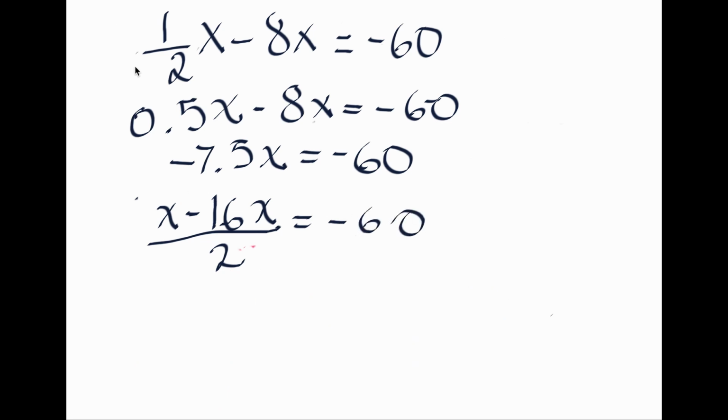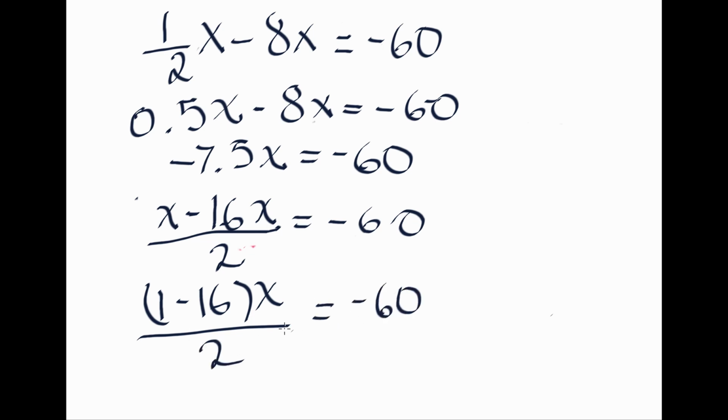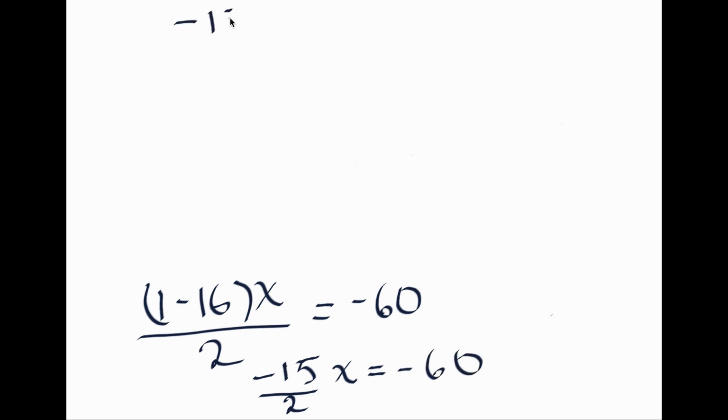So this is the same as having 1 minus 16, x over 2 equals negative 60. So 1 minus 16 is negative 15 over 2, x equals negative 60.